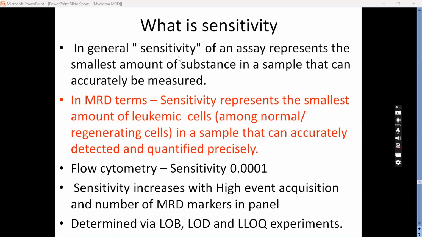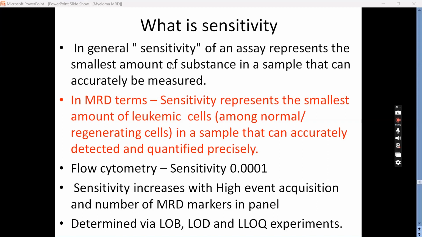So sensitivity of an assay, especially in biochemistry, they use this term to represent the smallest amount of substance in a sample that can be accurately measured. For example, if you are measuring glucose, what is the minimal amount of glucose that can be measured in the plasma accurately with confidence? That is the sensitivity of the particular assay.